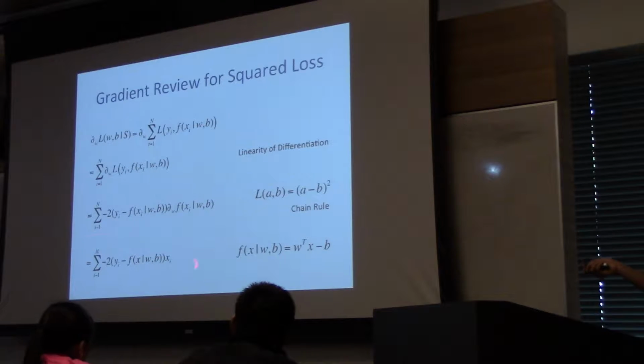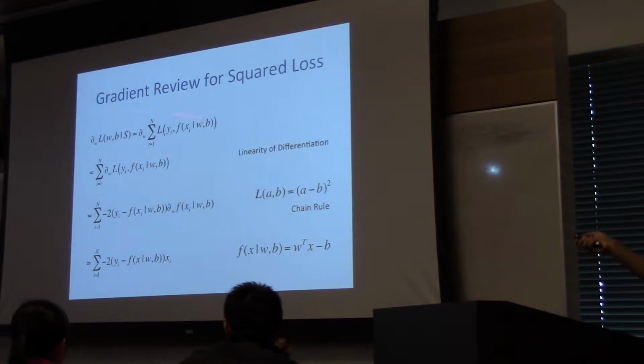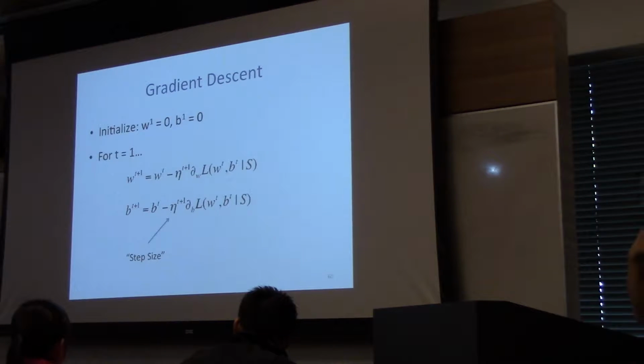I'll usually use this notation for simplicity because it's cleaner and more generic. If it's not squared loss, you don't get something that looks exactly like this, because the use of squared loss was in this step. So I'm going to stick with this step for most of the rest of this lecture. But internally, you can think of this as an explicit formula that you can implement for your homework. Although for the homework, you have to implement something slightly different, so don't just copy this. You'll get the wrong answer.